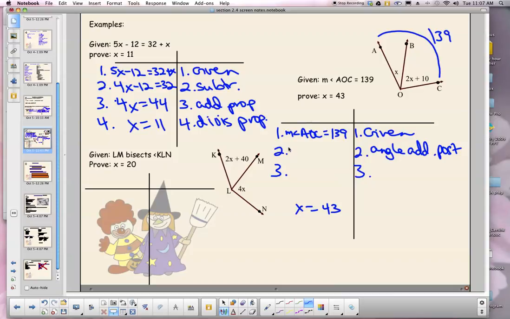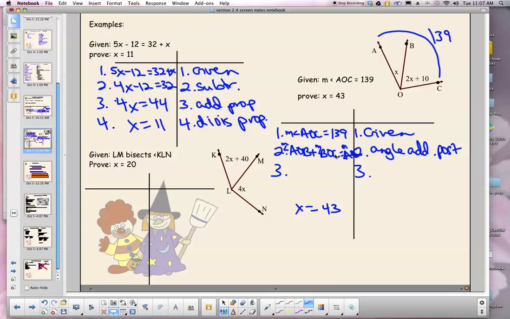So I'm going to say that the measure of angle AOB plus the measure of angle BOC equals the measure of angle AOC. I know that's hard to read. What I did was I said AOB plus BOC equals AOC. That's what our angle addition postulate says that we can do. We learned that a couple sections ago.